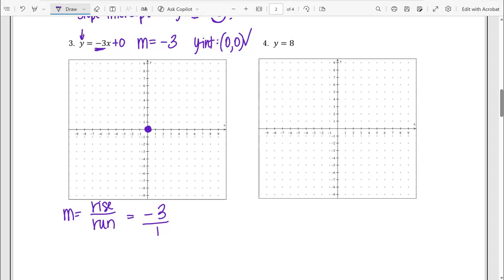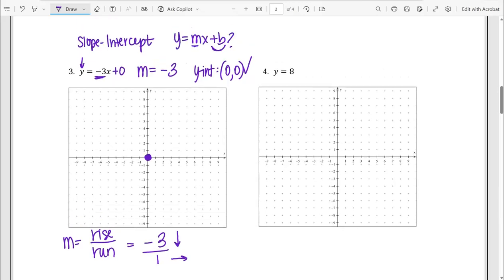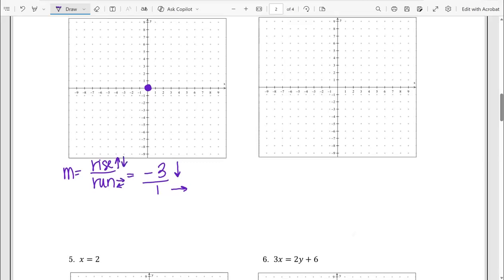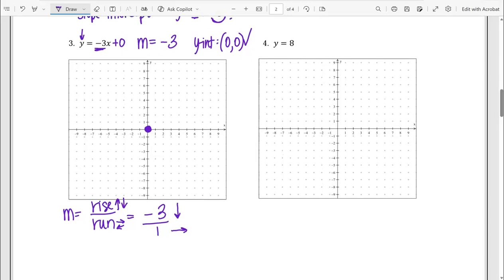So -3 on top tells me I should go down 3. A +1 on bottom tells me I should go to the right. Remember that any rise takes me up or down, any run takes me right or left. So from my y-intercept, I go down 3 and right 1 to plot my second point.